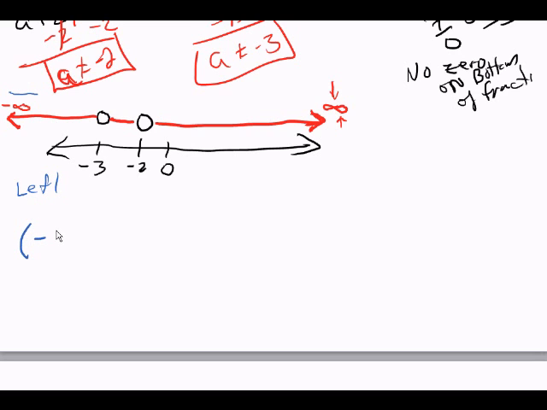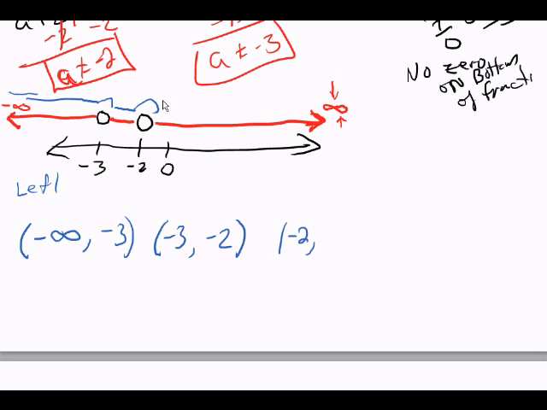Now, to write this in interval notation, you always start on the left. So we start at negative infinity, and we stop at negative 3. Now, we jump over negative 3, and we start up again on the other side of negative 3, and we keep on going until we get to negative 2.